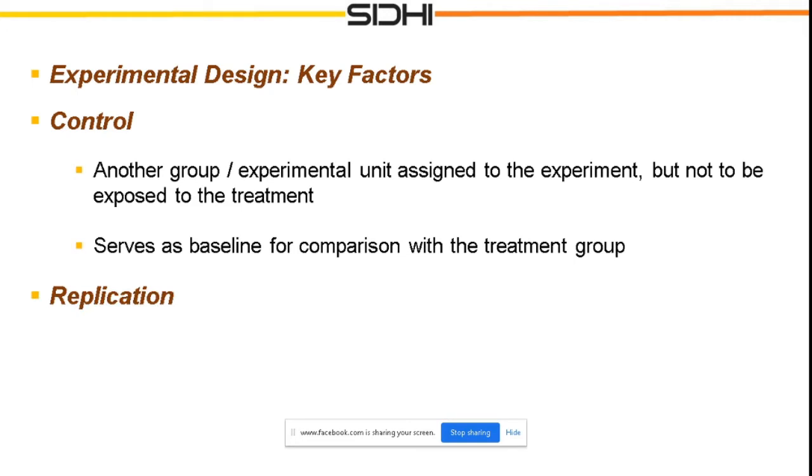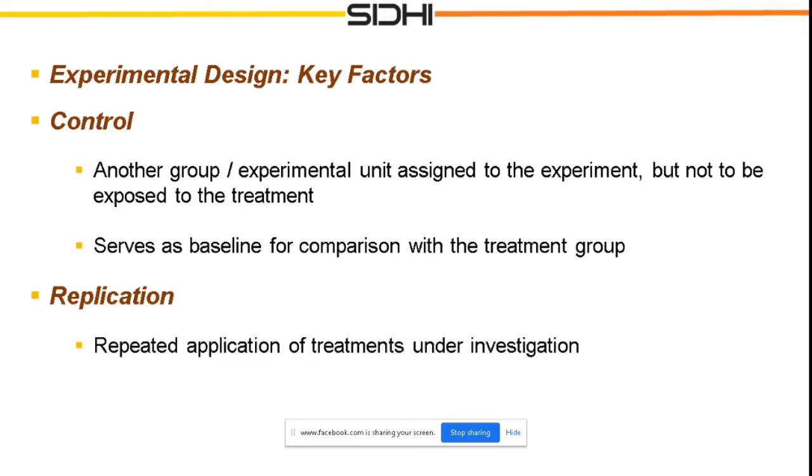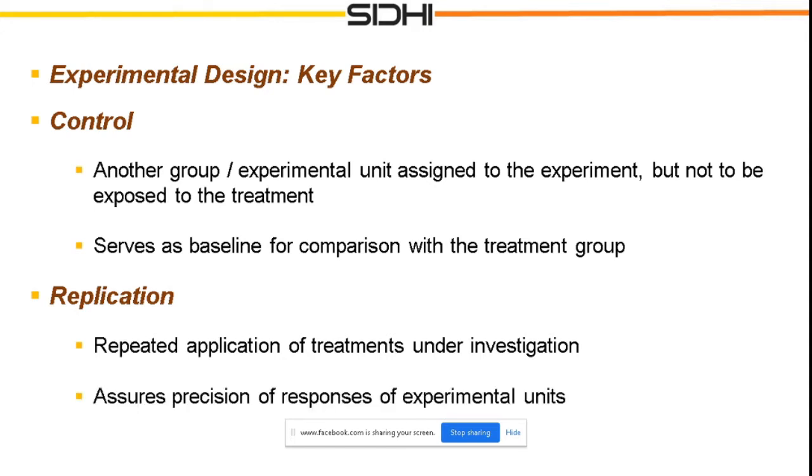Next is your replication. It is the repeated application of treatment under investigation. So usually you will read studies saying the experiment was laid out with 3 replicates, something like that. It is really important for you to assure the precision of your responses.